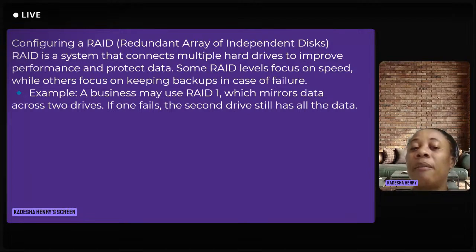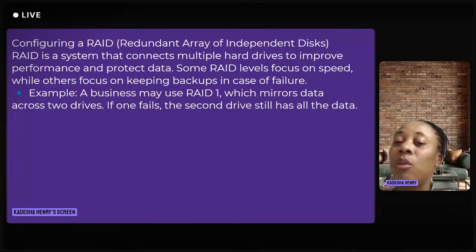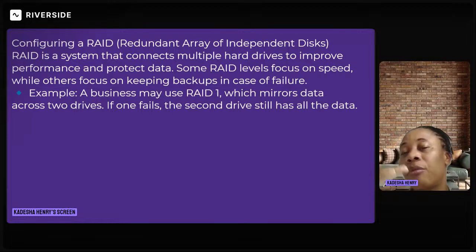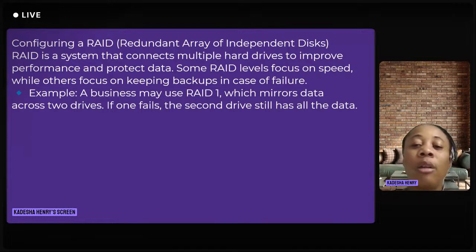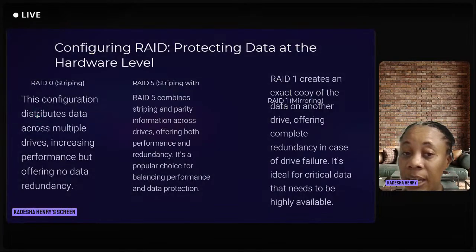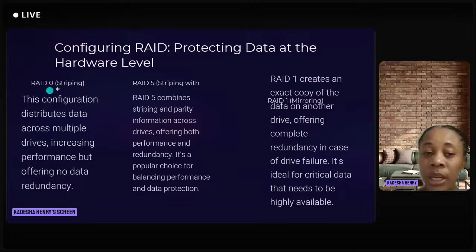An example of that would be a business that may use RAID 1, and you have different levels, RAID 1, RAID 10, all the way up. RAID 1 mirrors data across two drives, right? If one fails, the second drive still has all the data. Let's look at RAID 0 right here.